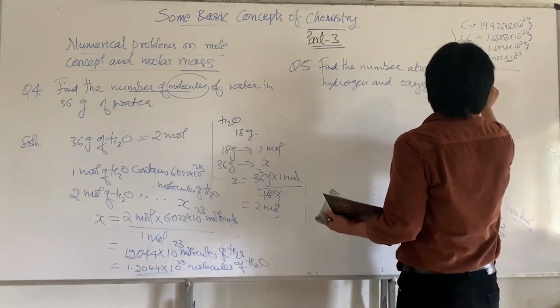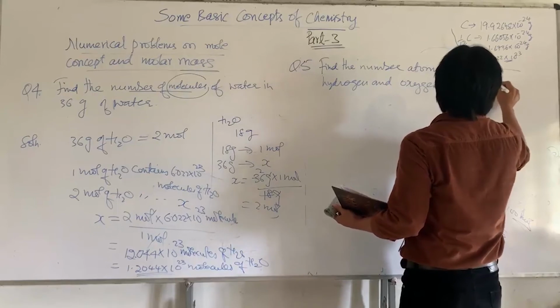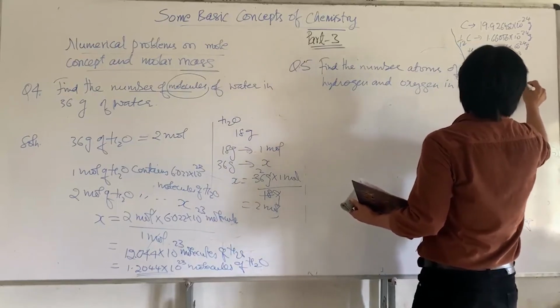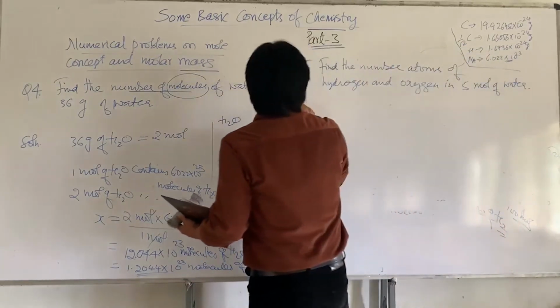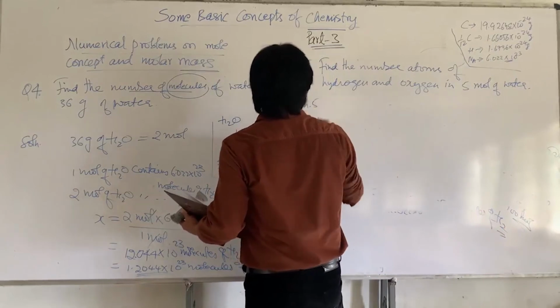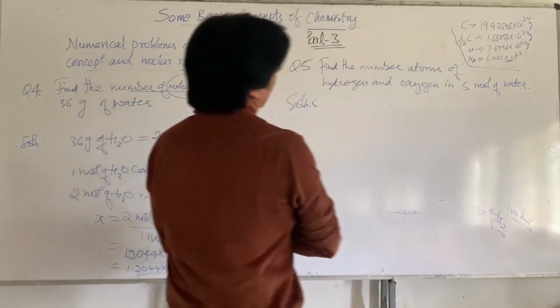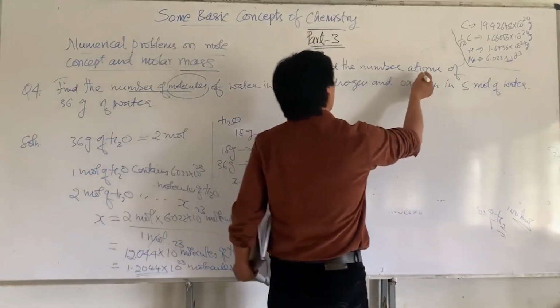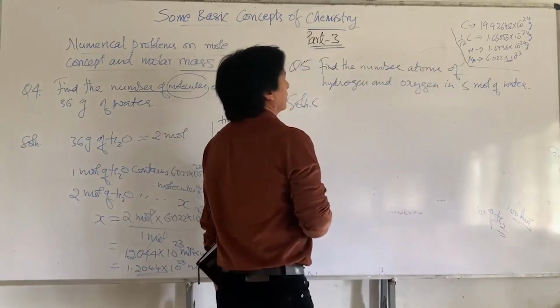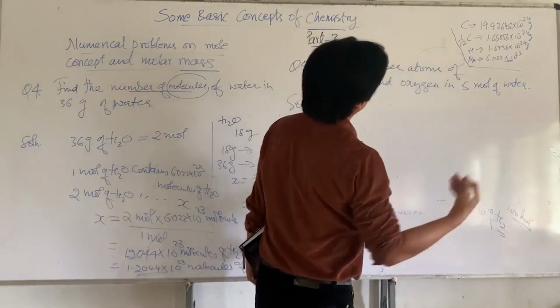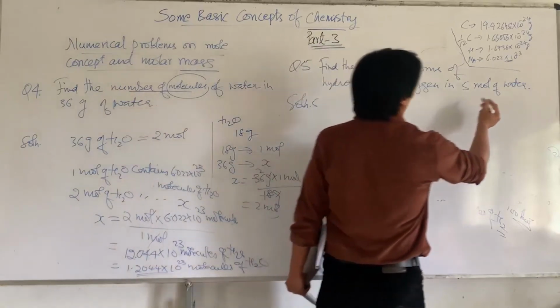You're going to take 5 moles of water, right? 5 moles of water. So let's see how you can work it out. This time you will have to find the number of atoms. Now atoms of hydrogen and then atoms of oxygen, in 5 moles of water.